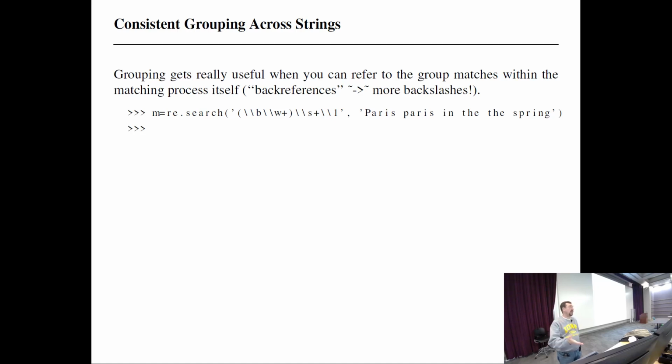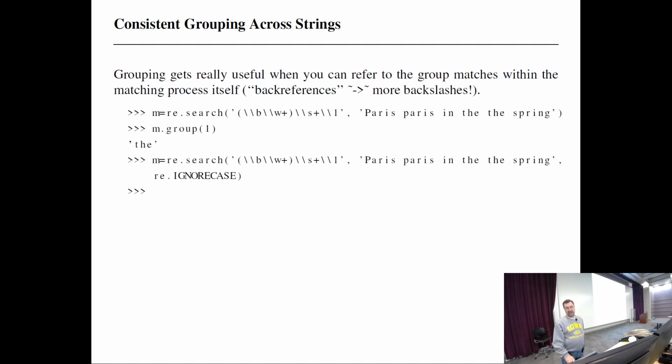This pattern says find two words that are the same word separated by one or more spaces. And the answer is I will find group 1 is the, and it will match the. But if I add ignore case, all of a sudden it'll match Paris, Paris.